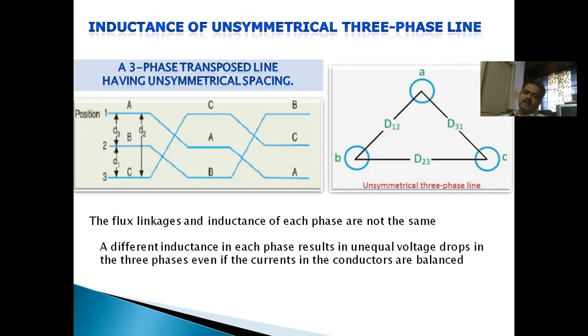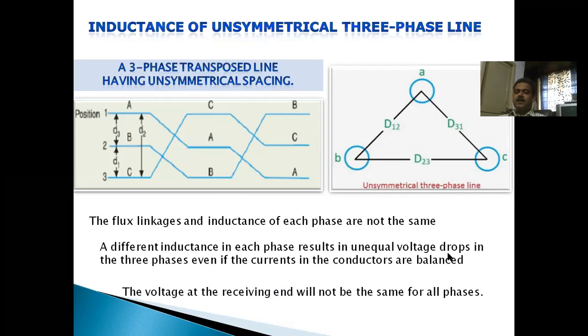because of this unequal spacing, the inductance in each phase may result in unequal voltage drops. The voltage at the receiving end will not be the same for all the phases, but the voltage at the receiving end must be the same in a balanced system.